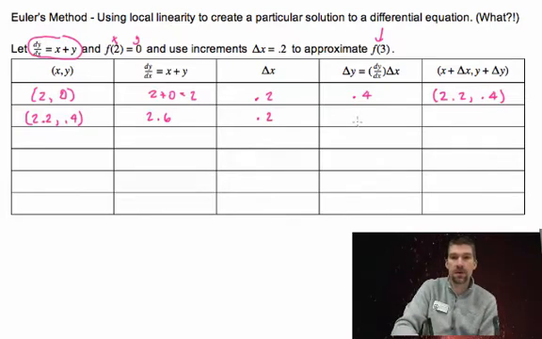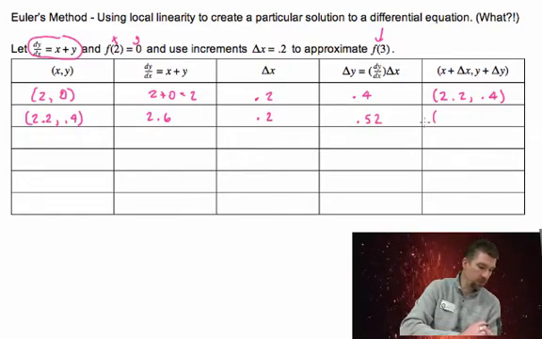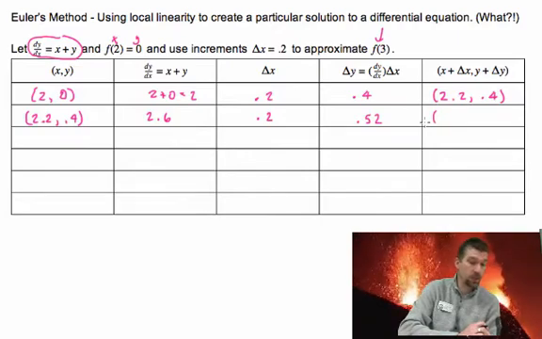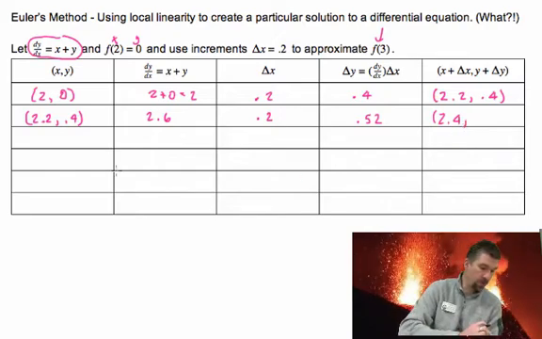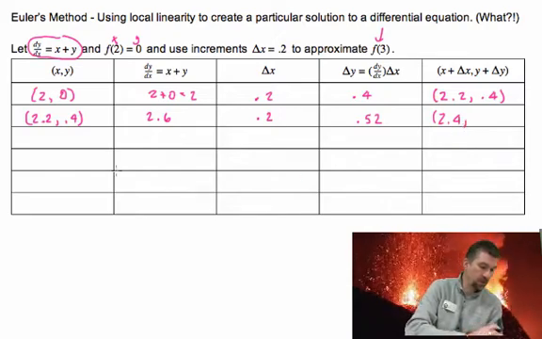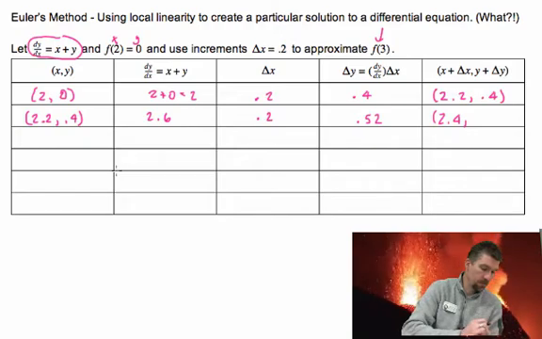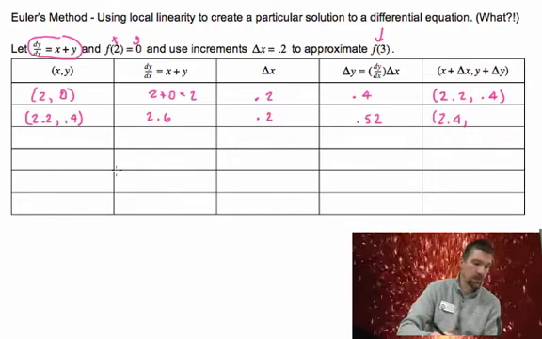So I get 0.52. When you add, 2.2 plus 0.2 is 2.4, and then 0.4 plus 0.52 is 0.92.